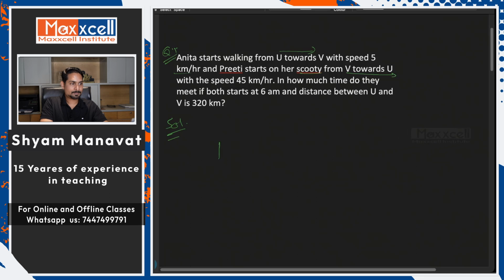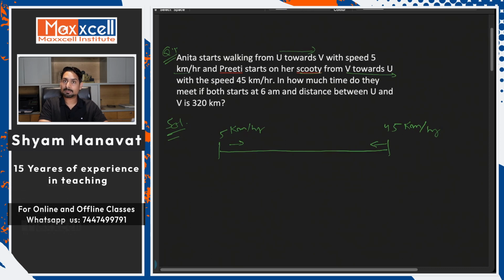Let's see in diagram. So this is 5 kilometers per hour, and from here you got 45 kilometers per hour, right? This way.